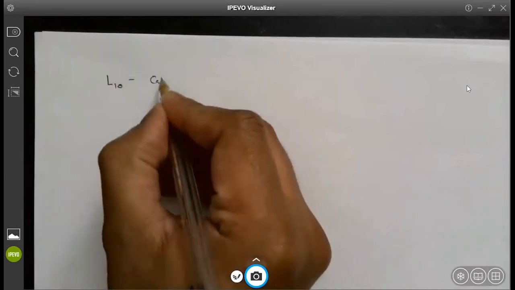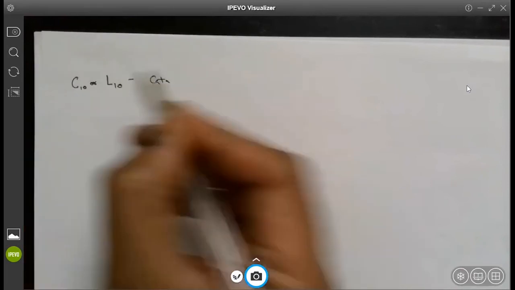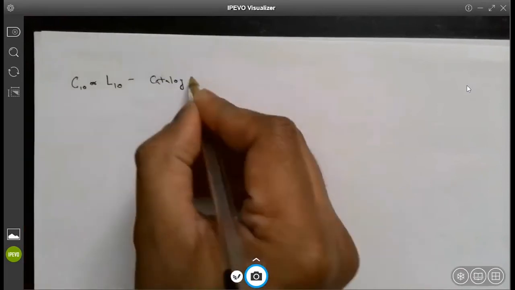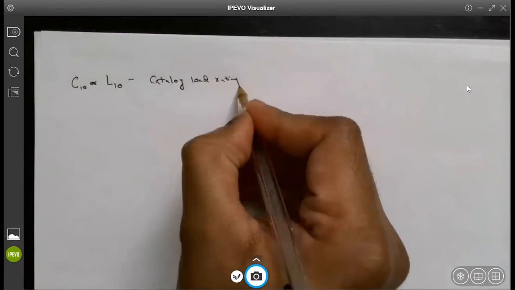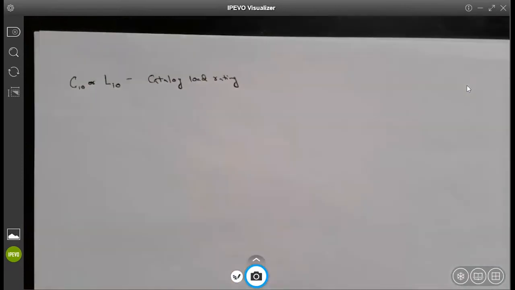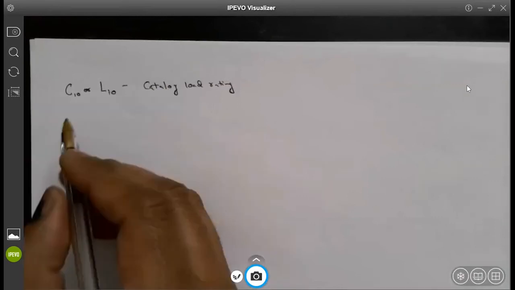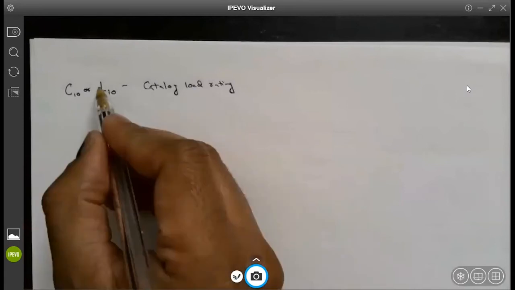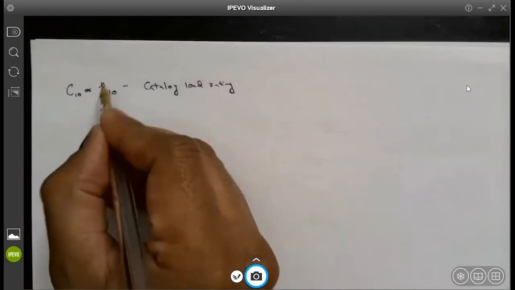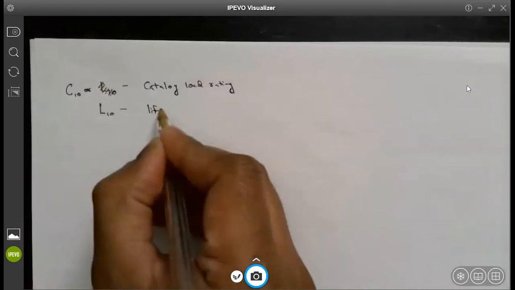L10 life, or the catalog load rating, is also called C10. C10 is the load, and L10 is the life in revolutions.